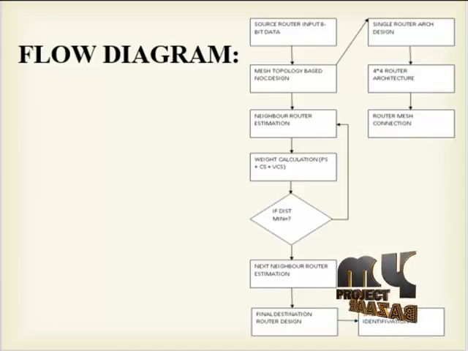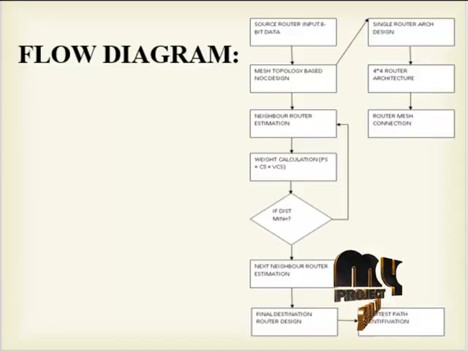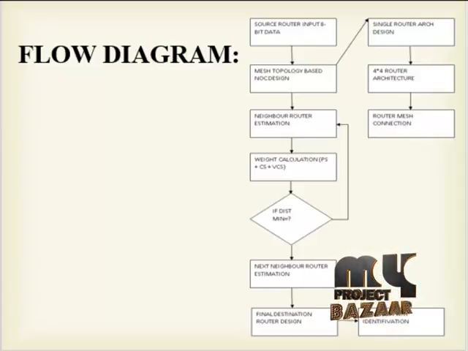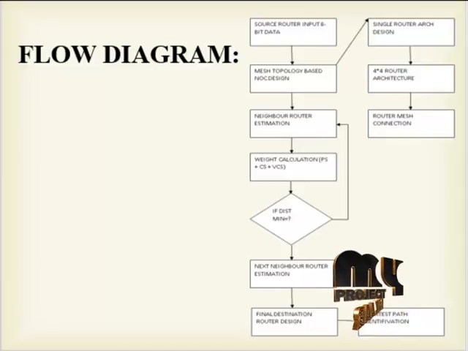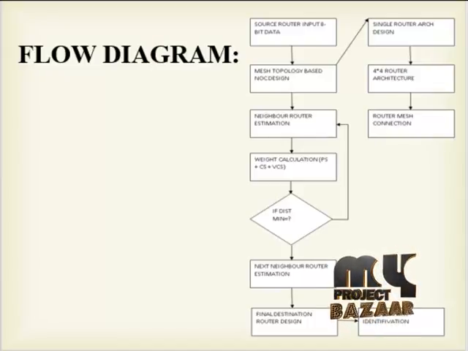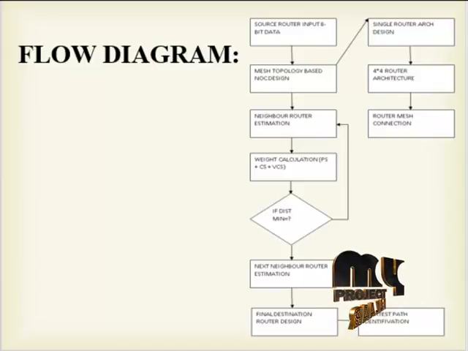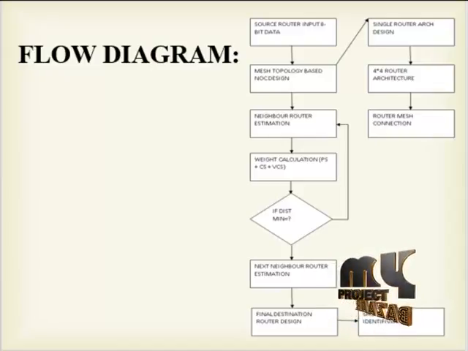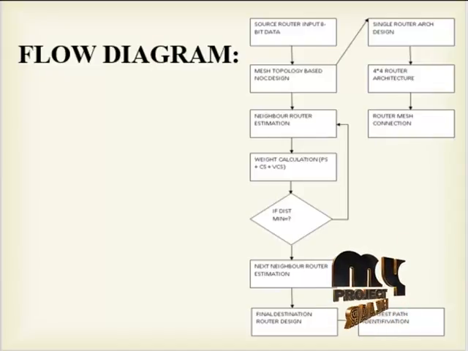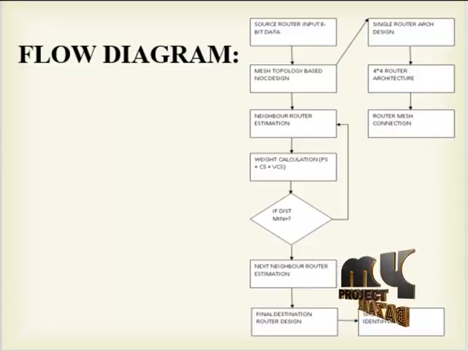In the process we calculate the weights as pre-processing work for the data transfer, to analyze all router positioning levels and find the shortest path between the source and destination routers. So we check the low weighted level for the nearest neighbor router estimation, and then we calculate the weighting for PS, CS and VCS.